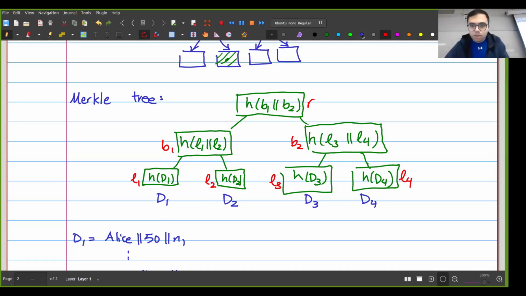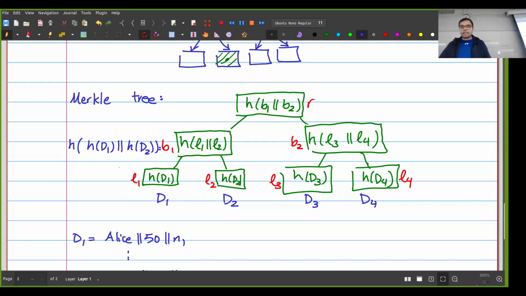If I expand this, B1 is the hash of D1 concatenated with the hash of D2. Similarly, B2 is the hash of D3 concatenated with the hash of D4.